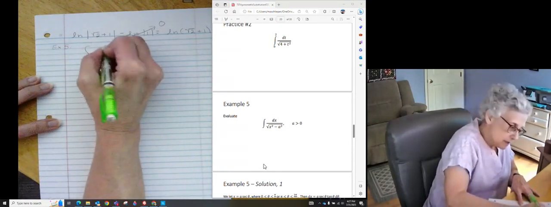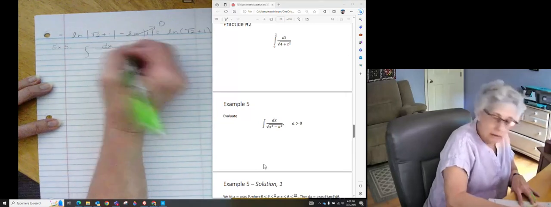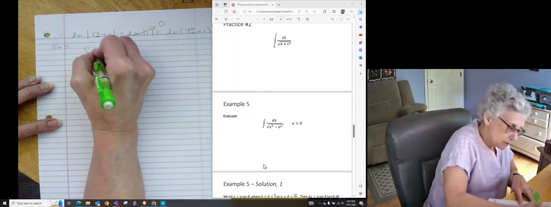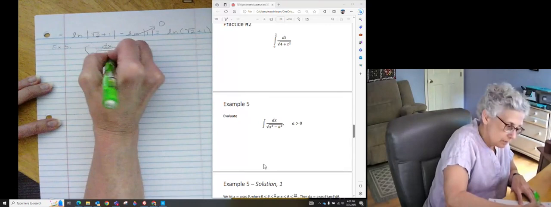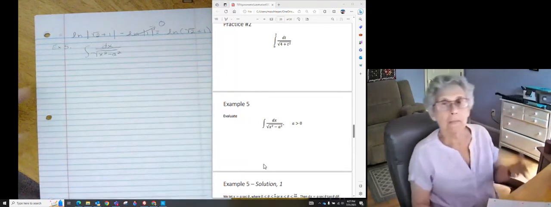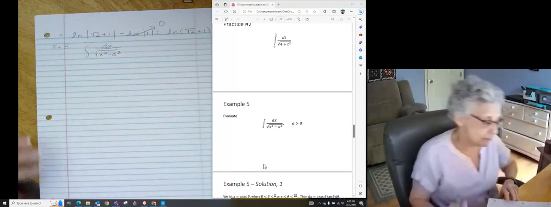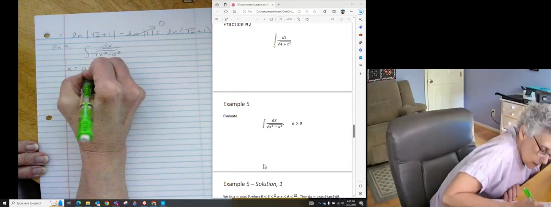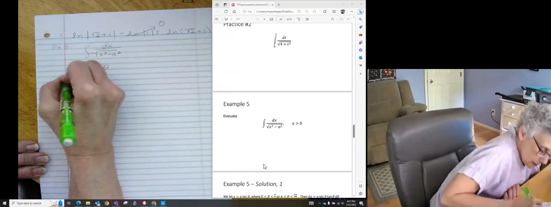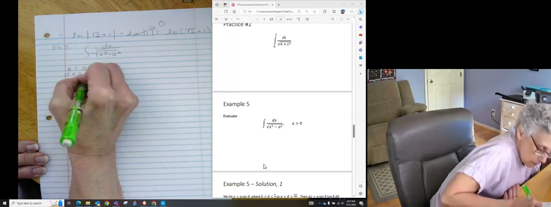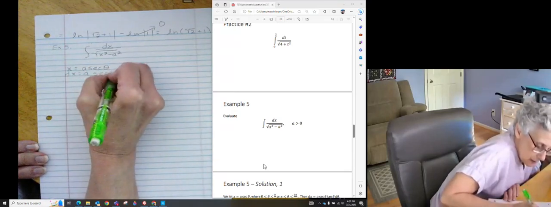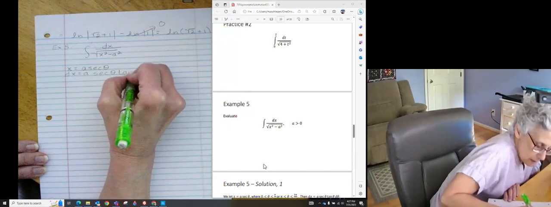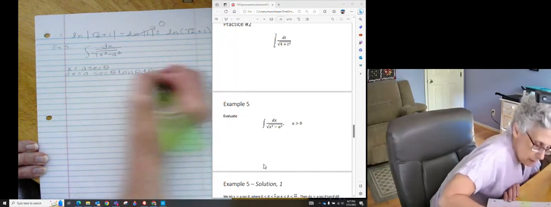We have the integral of dx living on top of the square root of x squared minus a squared. If the variable comes first, we let x be equal to a secant theta, then dx is equal to a secant theta tangent theta d theta.